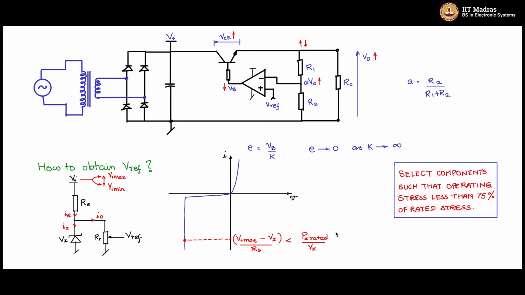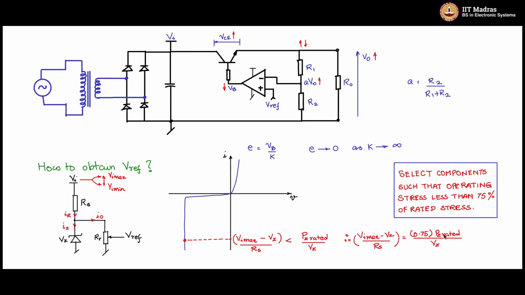So in this equation, Vi max minus Vz by Rs can be set equal to, let us say, 75% of PZ rated, or 0.75 PZ rated by Vz, which means that I am going to have this operating point Iz max at 75% PZ rated by Vz.